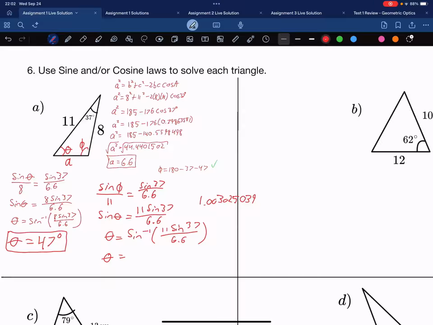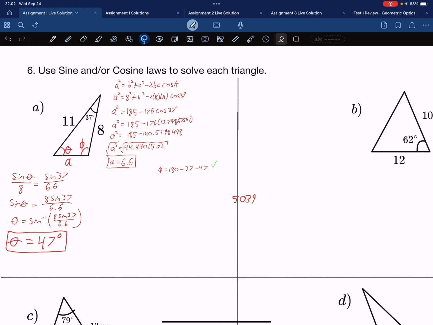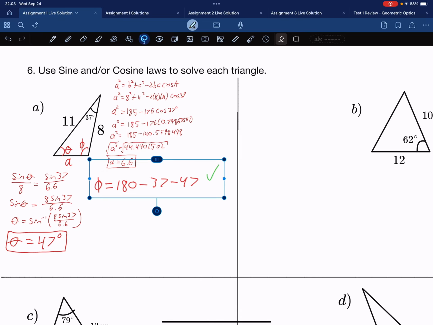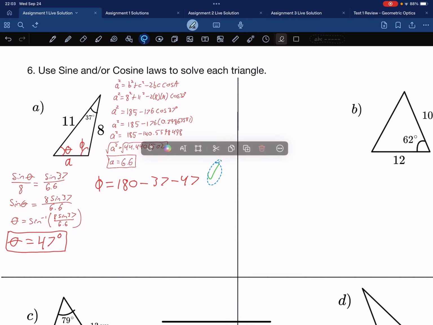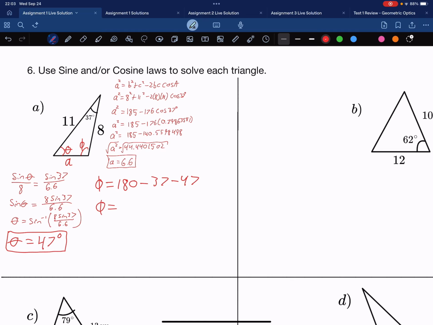So instead of spending my time pausing the video, figuring out where I went wrong, I will just use the method that I said was okay, which was this. So let's just do this instead, rather than you guys watching me troubleshoot stuff.